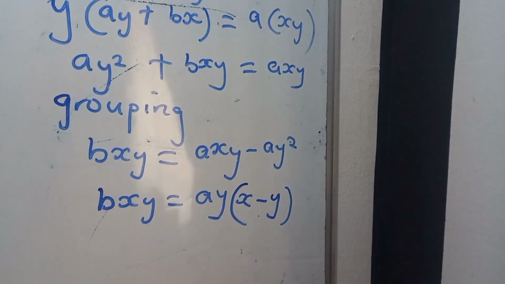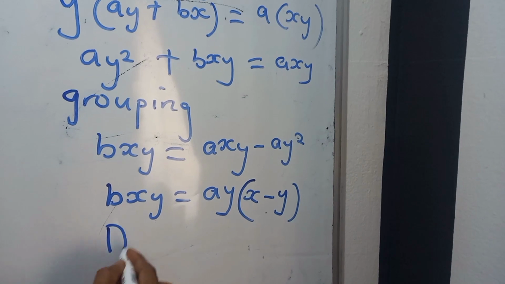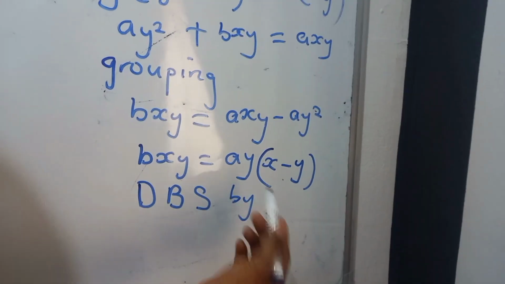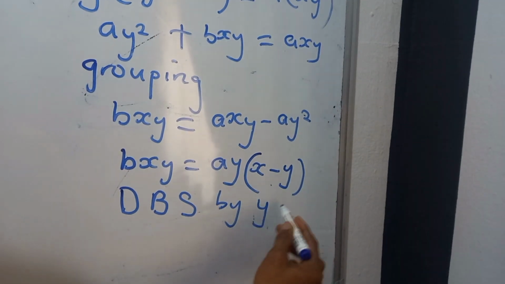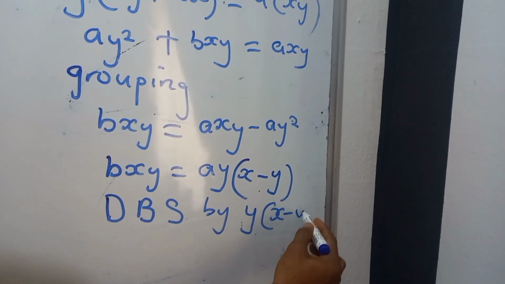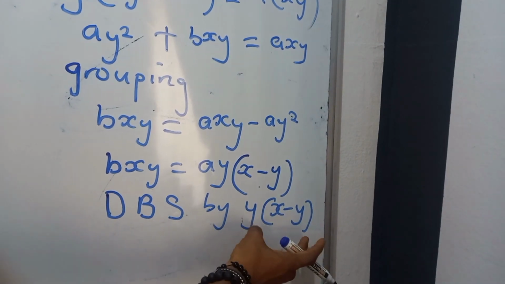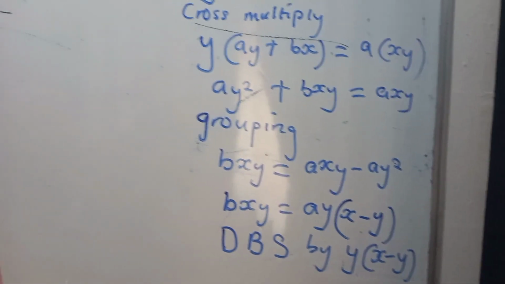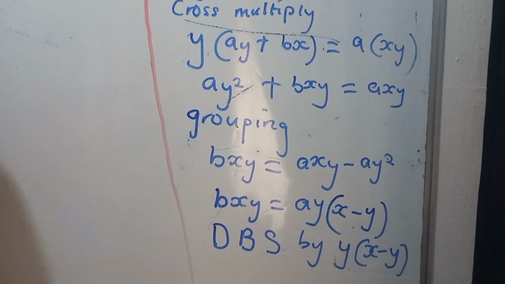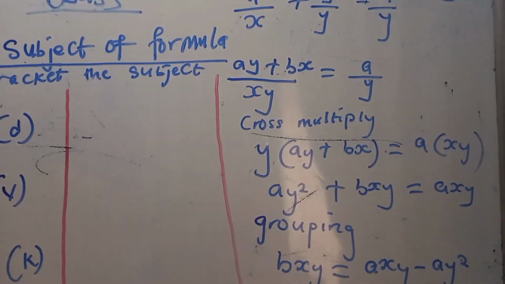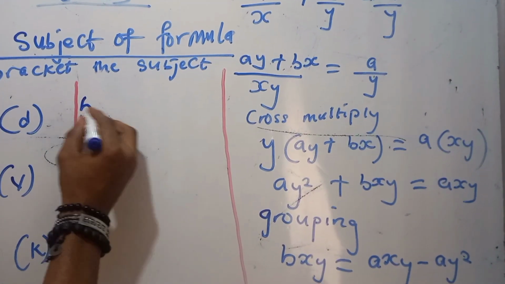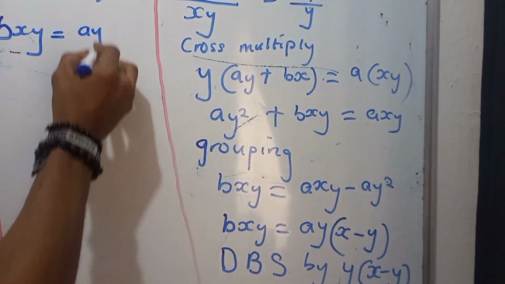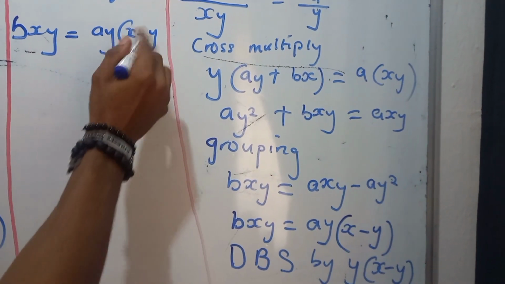The next thing to do now is to divide both sides by what I've got common there, by y bracket x minus y. This is what I'm going to use to divide both sides. Which means bxy equals ay bracket x minus y.